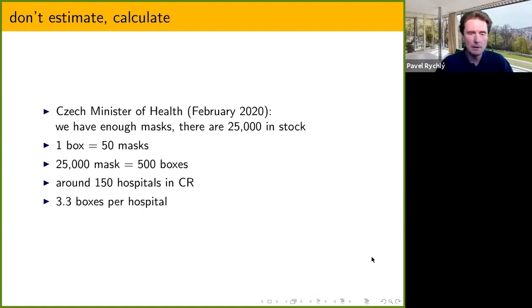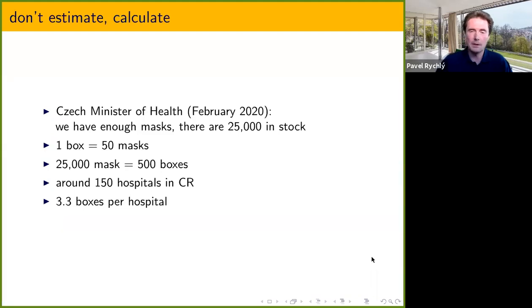And if we know that there are around 150 hospitals or main hospitals in the Czech Republic, it means that the minister thinks that slightly more than 3 boxes per hospital is enough, and it is obviously not enough.